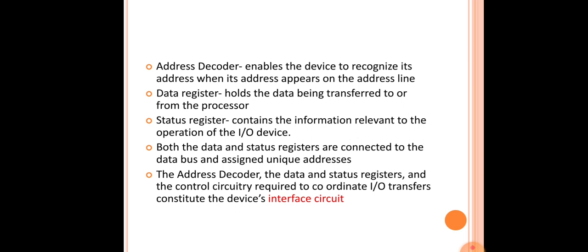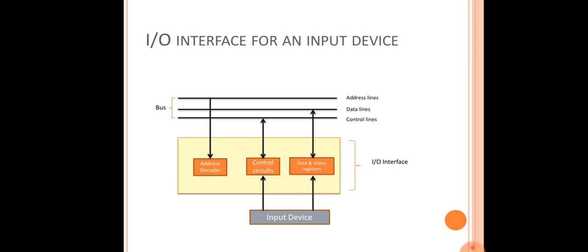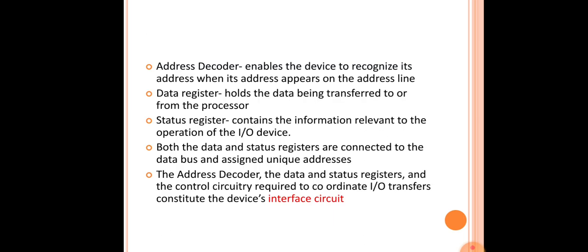Then this data and status registers are connected to the data bus and are assigned unique addresses. The address decoder, control circuit, data and status registers together coordinate the IO transfers and called as the device interface circuit.